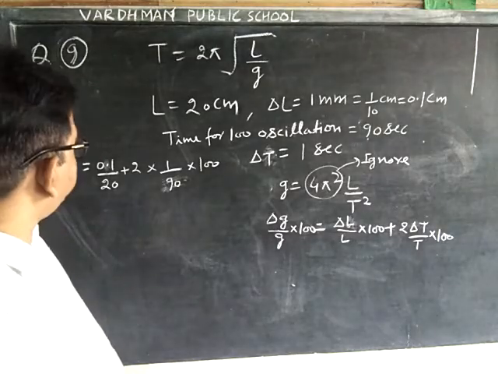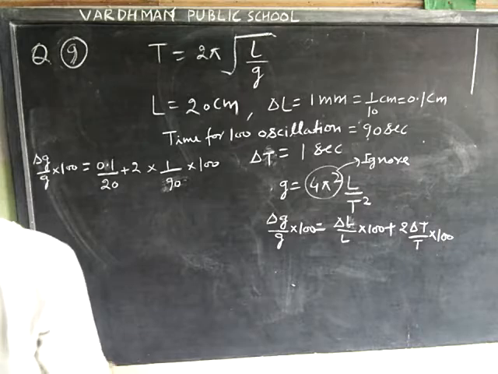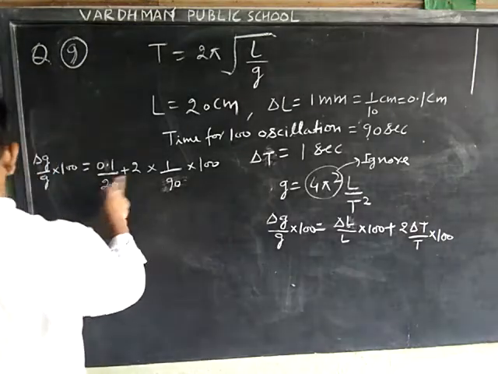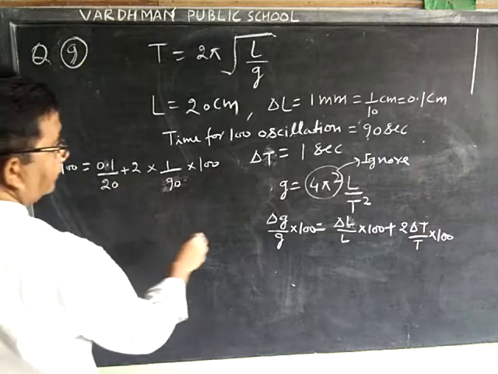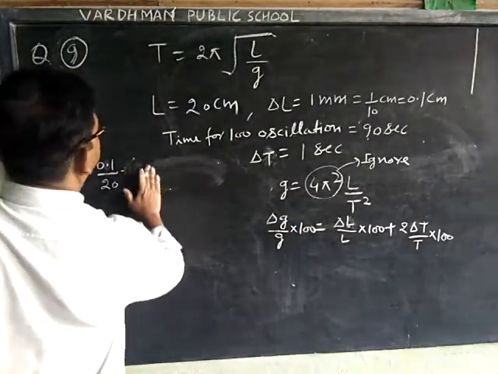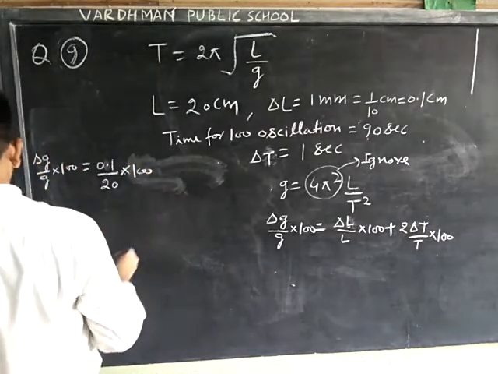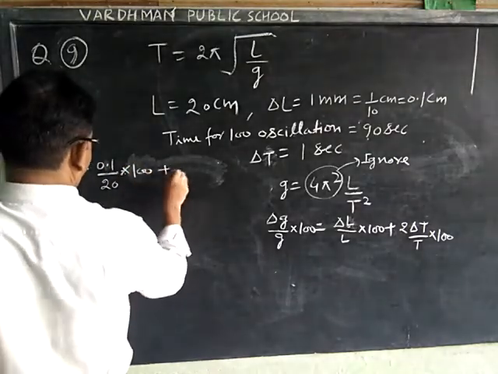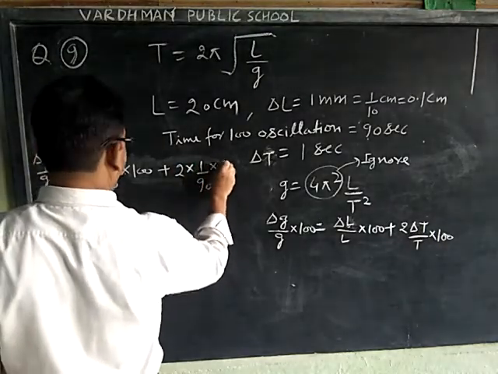Thus we will solve it: 0.1 upon 20 into 100 plus 2 into 1 upon 90 into 100.